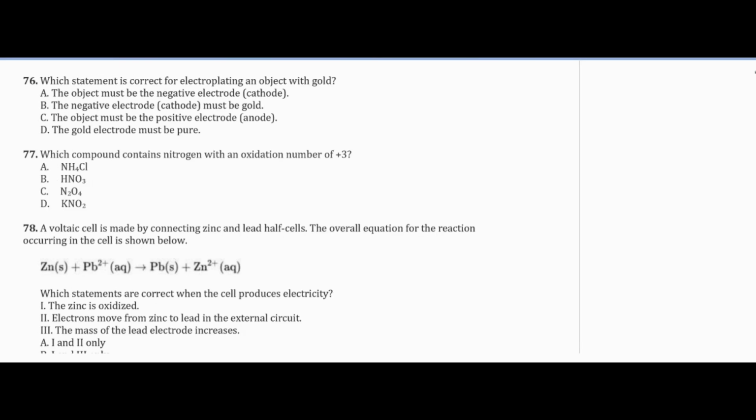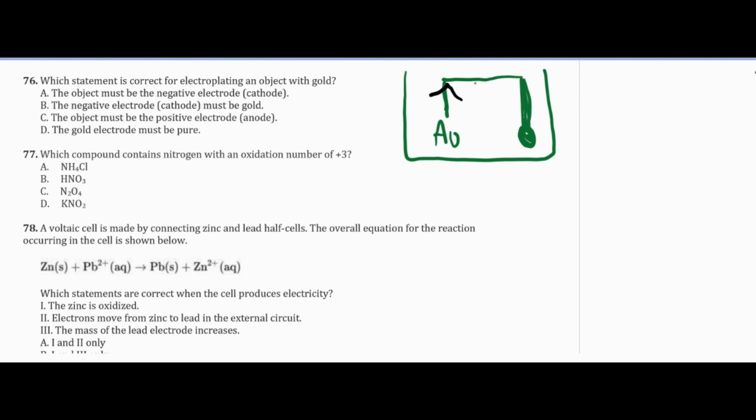Question 76. Which statement is correct for electroplating an object with gold? Well, if we draw a little diagram, we have our object here. Let's say it's a spoon. We're trying to electroplate it with gold.